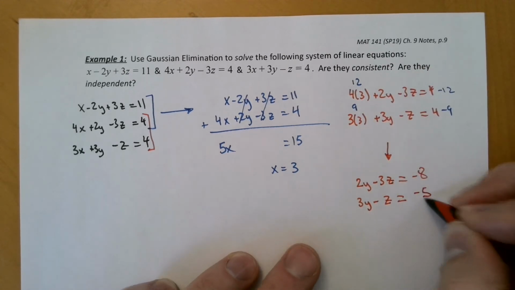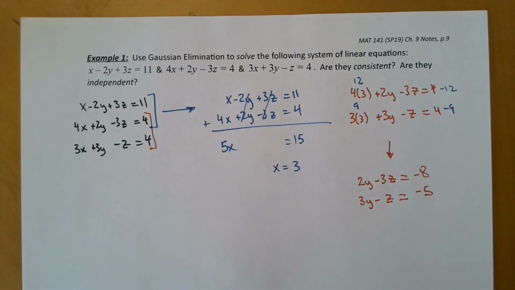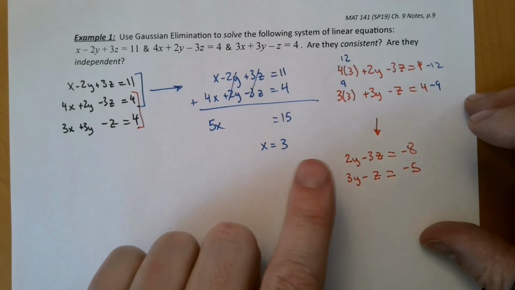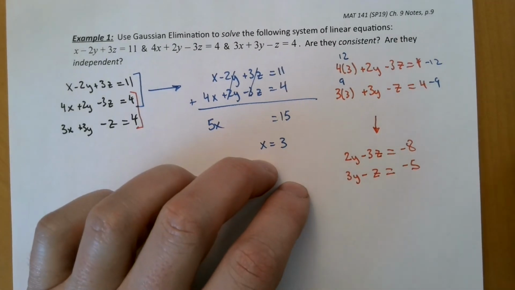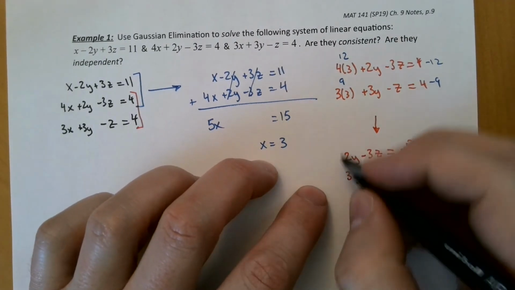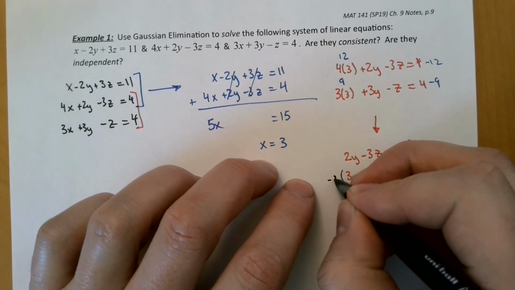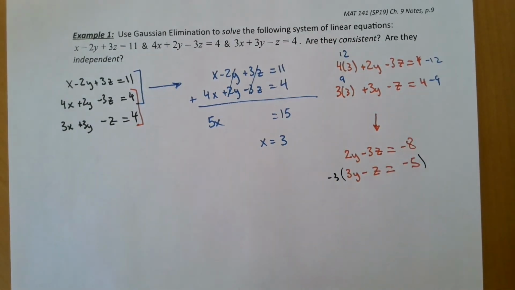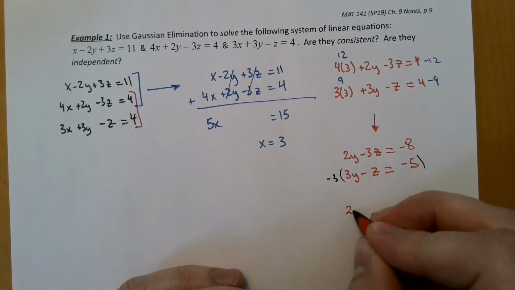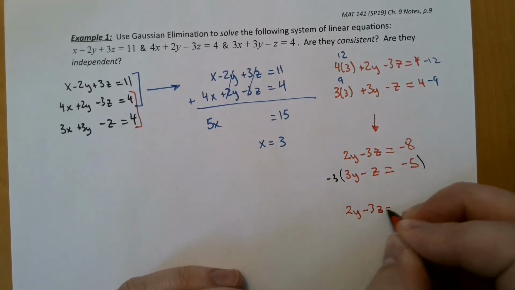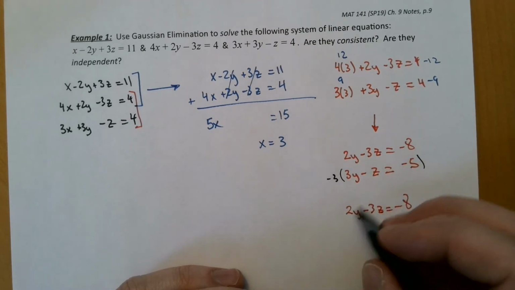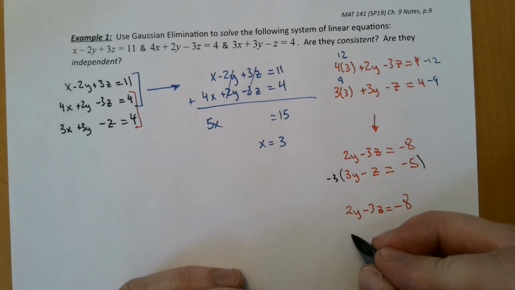Okay, so now we have a familiar problem, and that is, let's just eliminate on this. And I'm going to suggest we multiply this second equation by negative 3, and then we'll have opposites here for the z's. So I'll rewrite the first equation, 2y minus 3z equals negative 8. And I'll rewrite the second equation being multiplied by the constant negative 3.